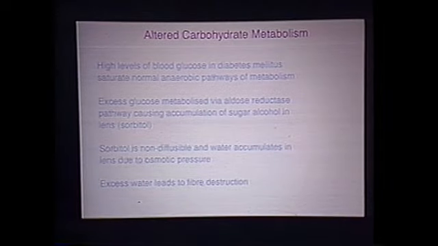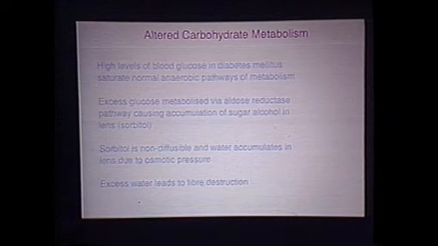The first example of this is where there is altered carbohydrate metabolism. The best example is the cataract that is produced as a result of excessive levels of sugar in the lens.